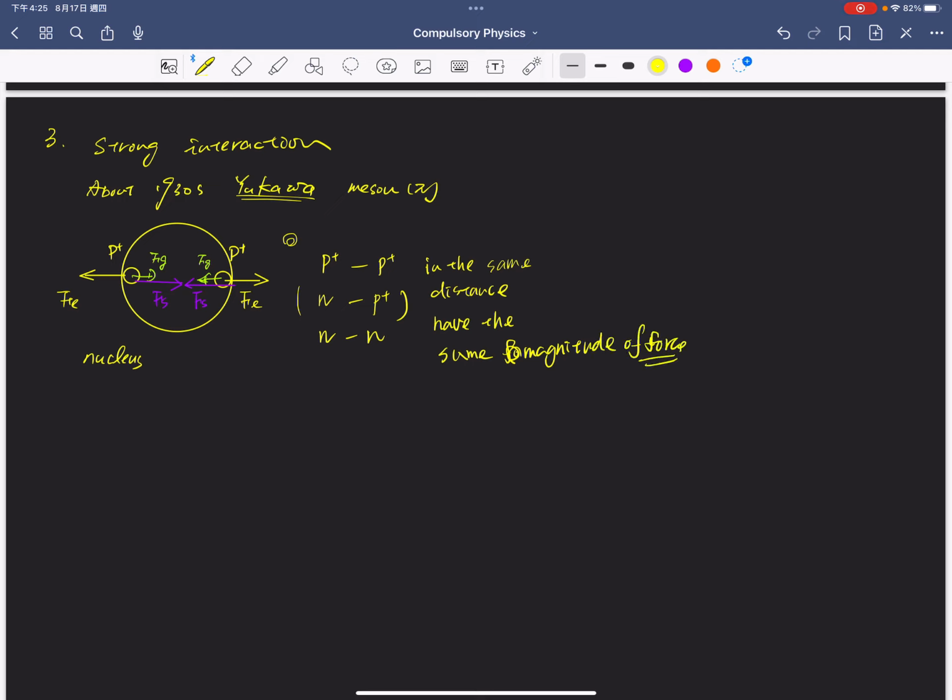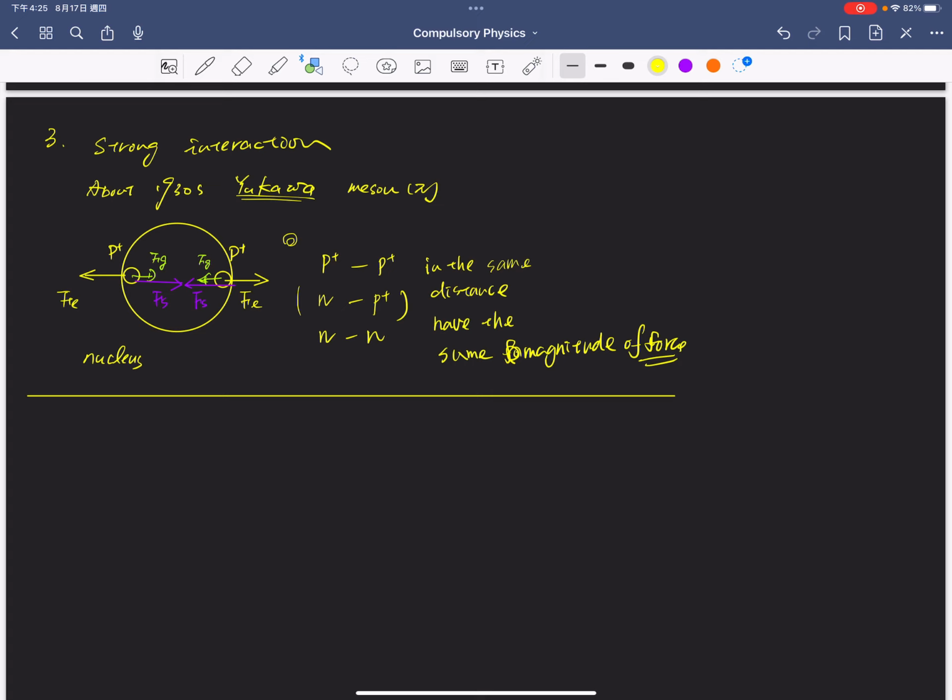So we can just ignore whether the charge is negative or positive. This is not important for us in the strong interaction.